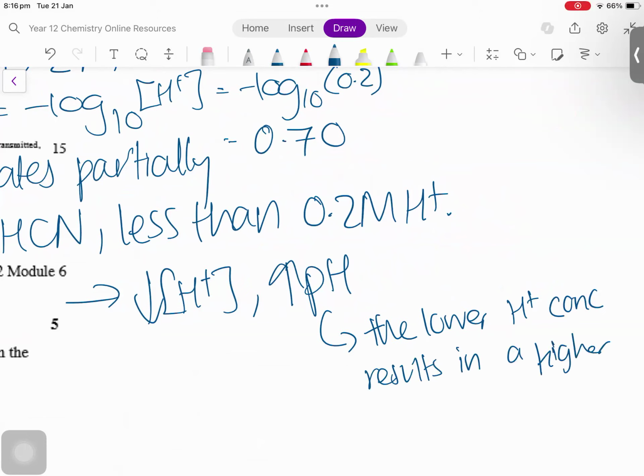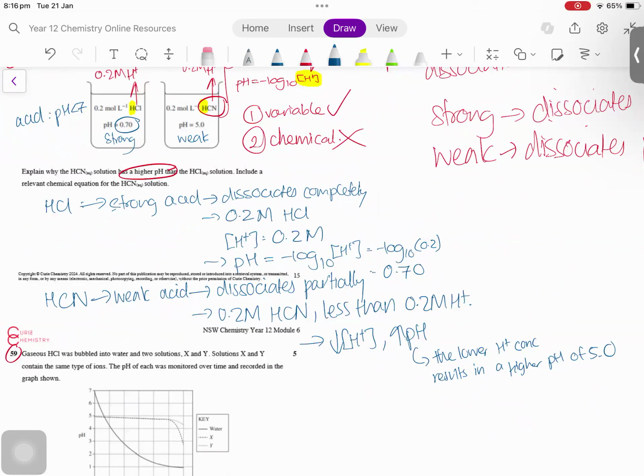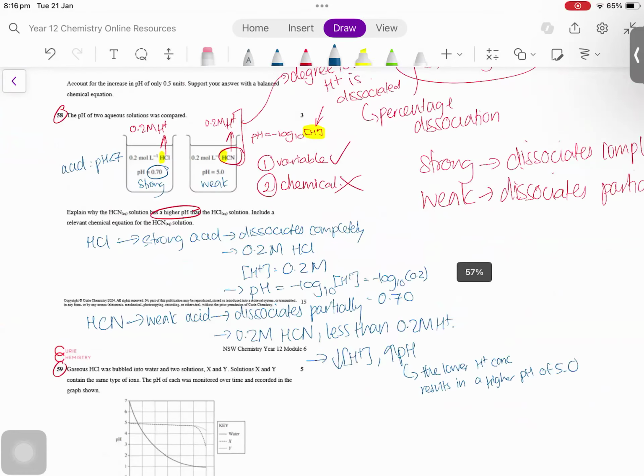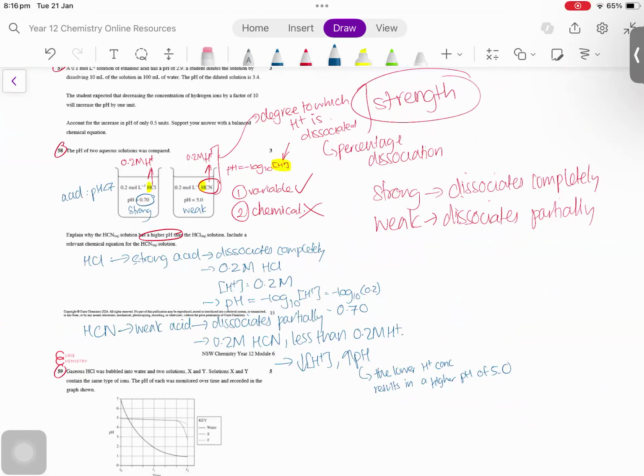So I'm going to say the lower H plus concentration results in a higher pH of 5.0. For the HCl, I could prove it. For this one, I can't, but I still want to bring in the number if I can. And that's pretty much it.